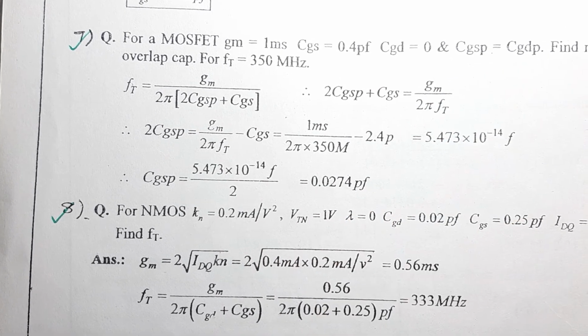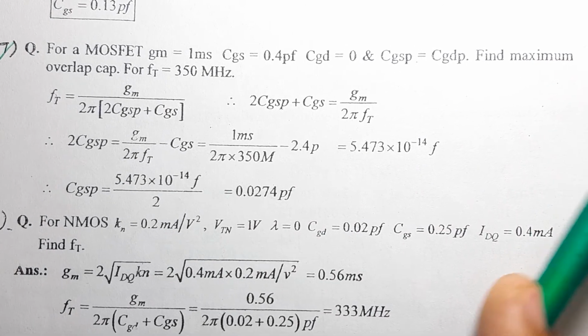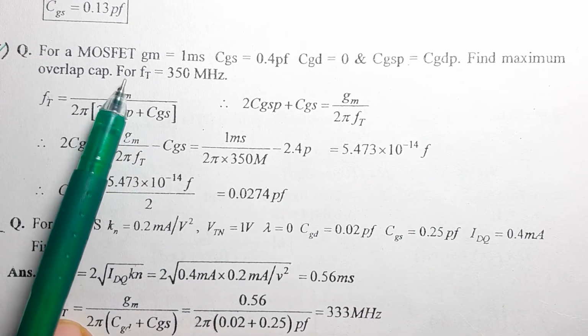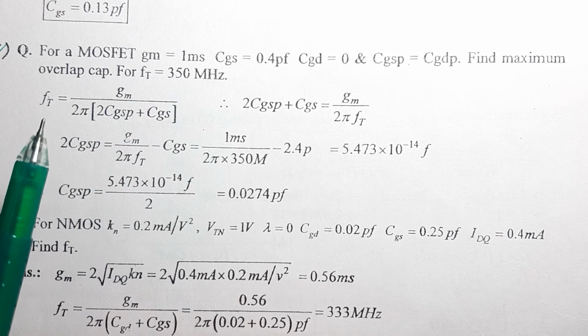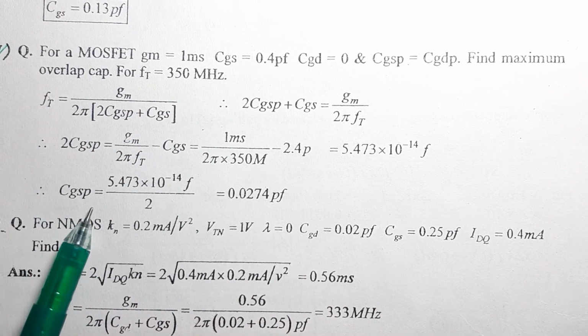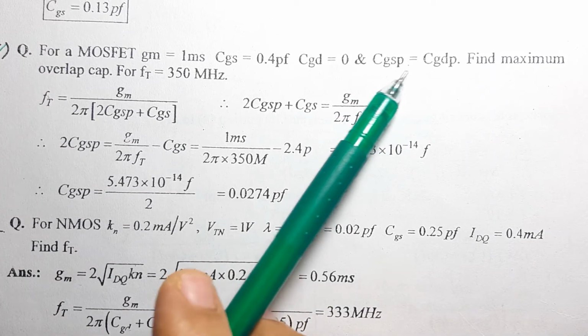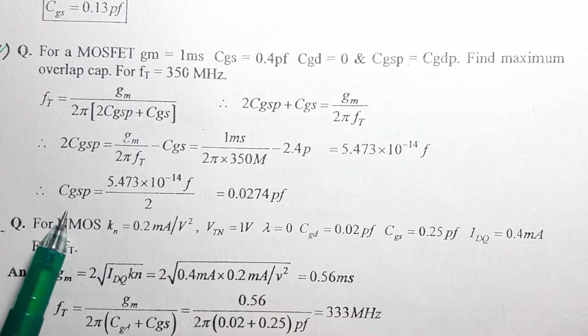So we need to find the maximum overlap capacitance for FT, which is 350 megahertz. Here you need to find CGSP or CGDP. Those things are equal to one another, so you can find out any one.